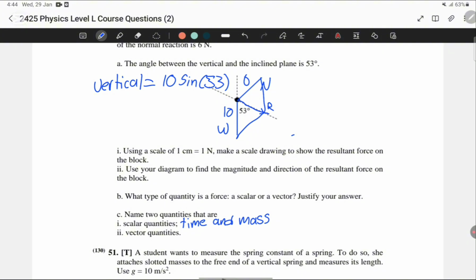Scalar is time and mass because they don't require direction. But vector, they require direction because time and mass can't be negative, but velocity and momentum can. So vector is velocity and momentum.